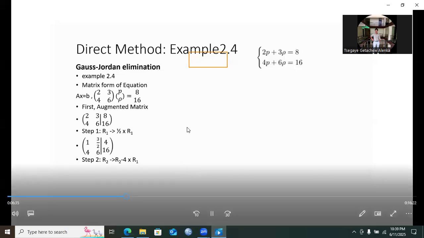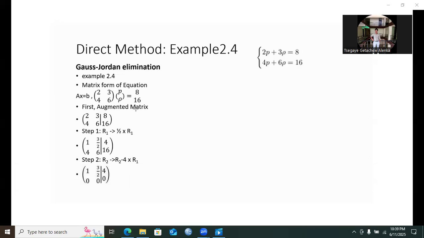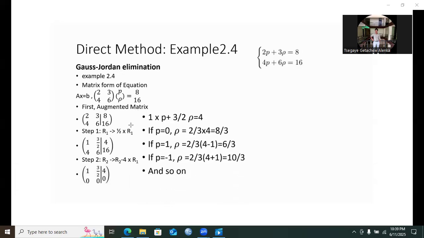What do you think should be done to make the first entry in row 2 nil? Just by subtracting 4 times every entry in row 1 from row 2 gives you that. But you see, we arrived at the expected infinite pair of solutions just by the second step using Gauss-Jordan.